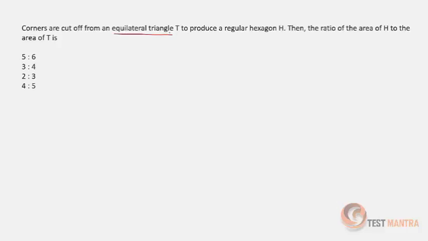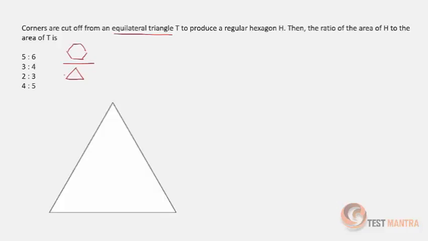My basic task is to find the ratio between hexagon and triangle in this case. Let's try to identify the possibility. Let's have a triangle here, an equilateral triangle ABC.